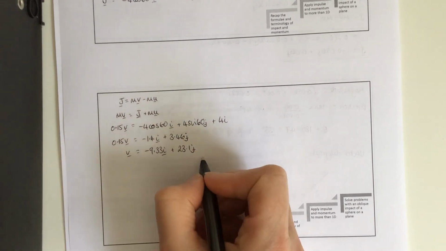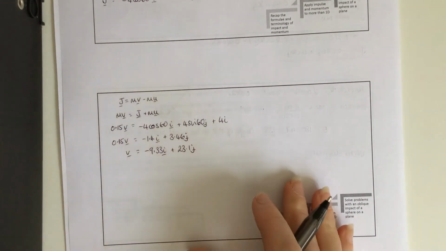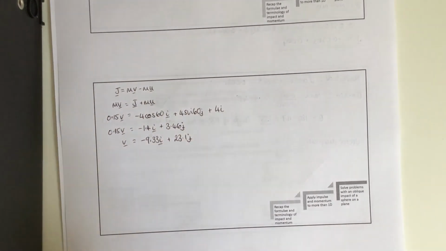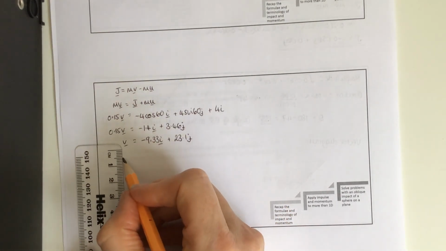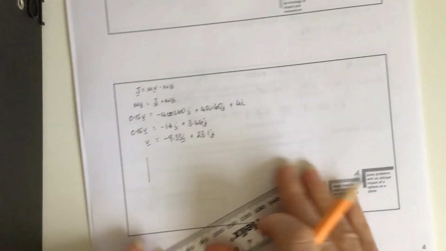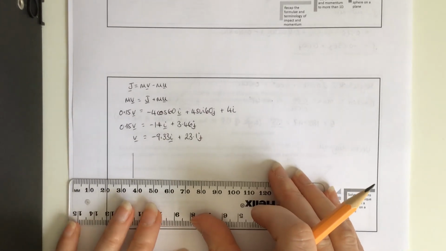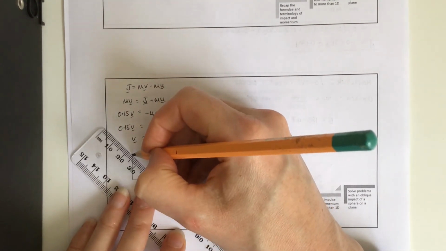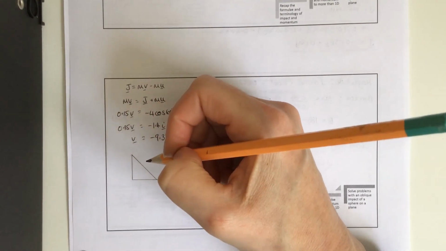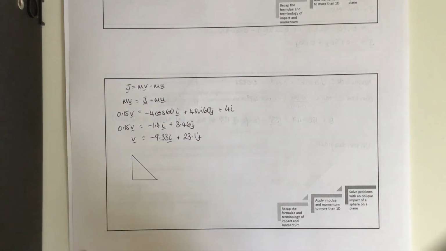So I've got my velocity here, but again, we don't necessarily want it in terms of i and j vectors. So draw our little diagram again. So let's label this.